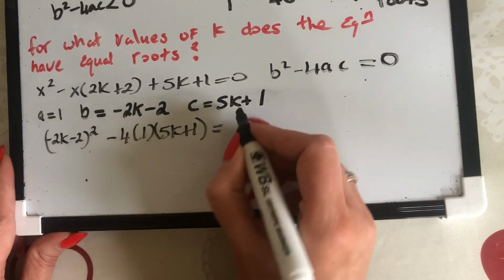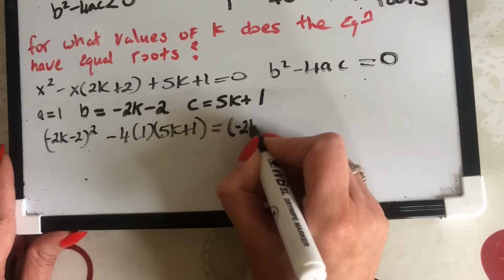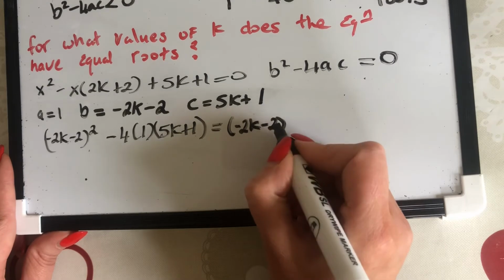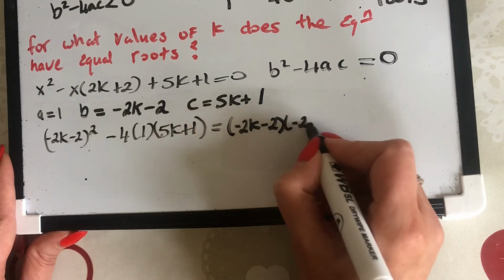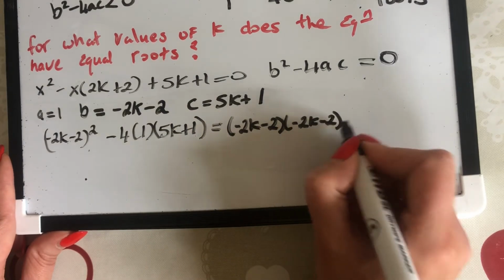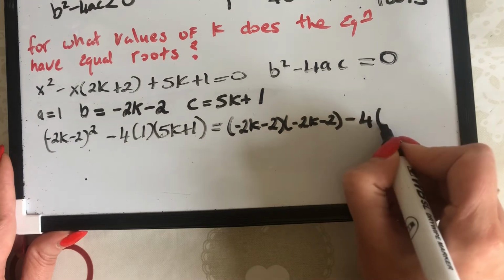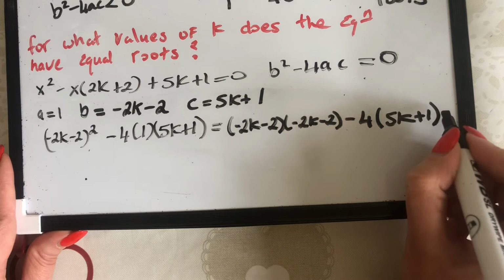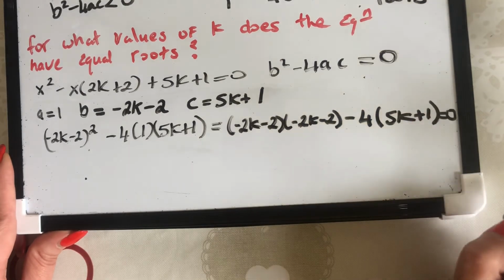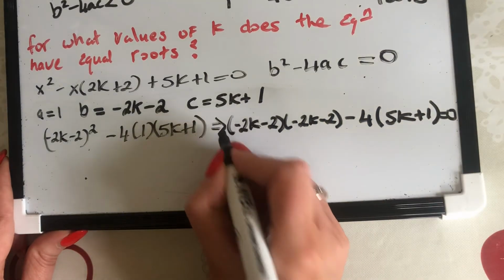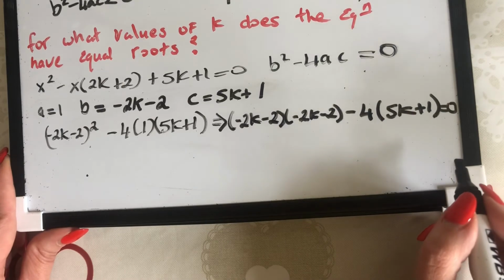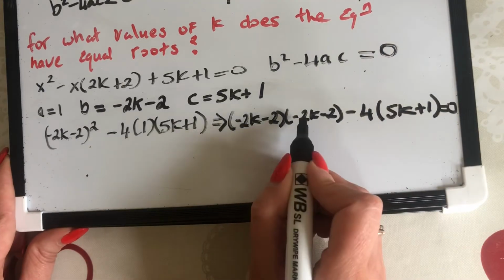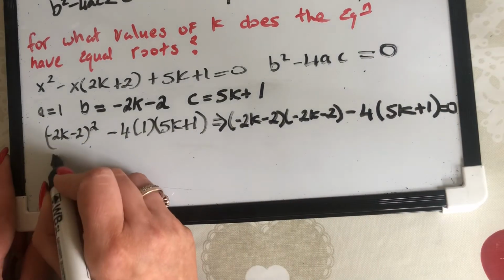So we'll write that out. Minus 2k minus 2 by minus 2k minus 2, minus 4 times 5k plus 1, and equal it to 0. Okay, so let's multiply it out. Minus 2k by minus 2k is 4k squared.